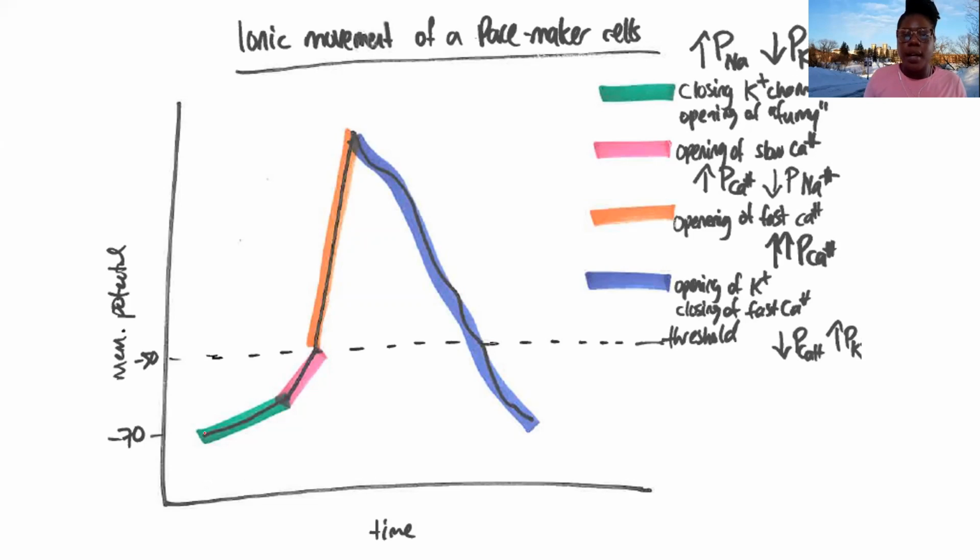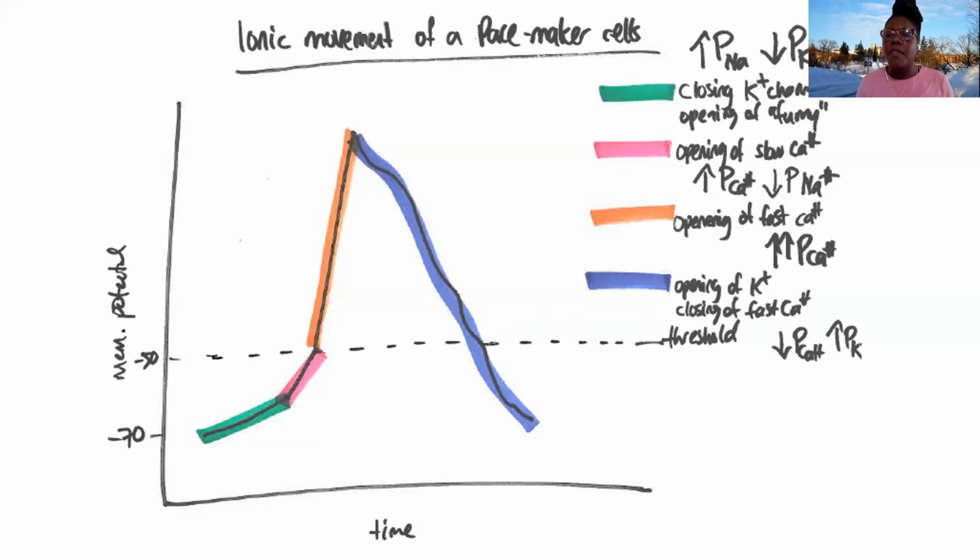So this green upstroke, or this slight green depolarization from rest, is caused by the two initial events, the opening up of funny channels and the closing of potassium channels. So that's going to be the initial depolarization. Then we see the opening up of the slow calcium channels. So that's the part of the graph here shown in pink.